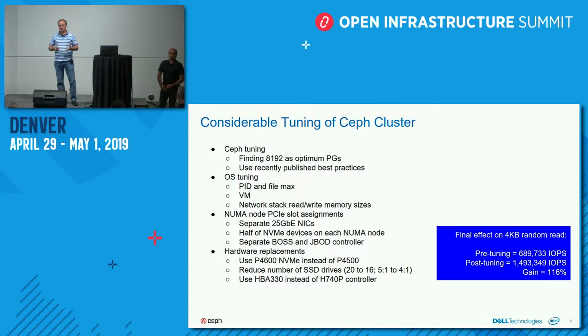But 116%, that's huge. So that's a big part, I think, of your Ceph deployments, your Ceph clusters, and if you have an environment where you really need that high performance, this is really an area that's worth looking into.